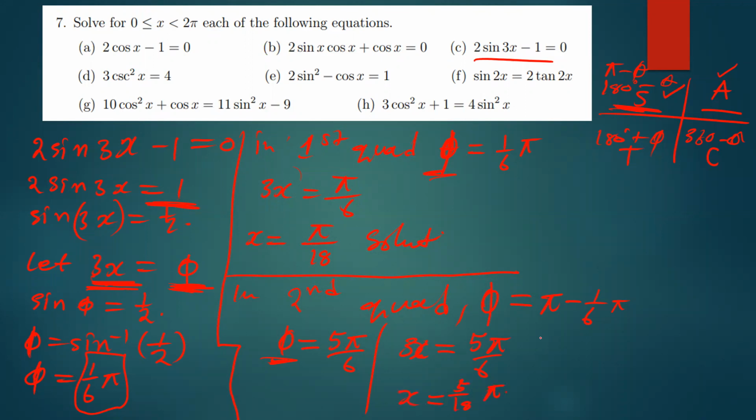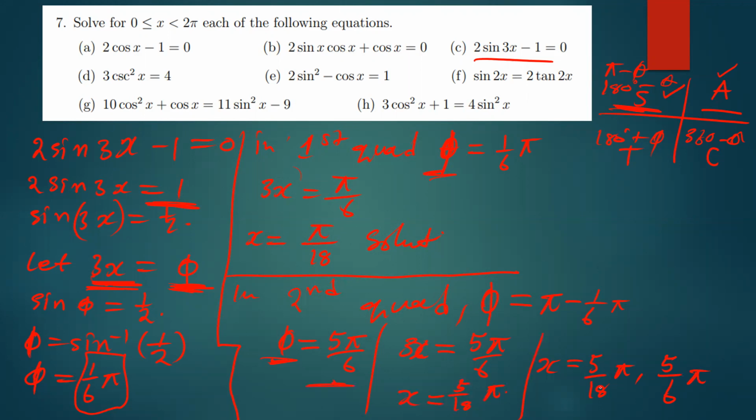To write the final answers, you say, therefore, x is equal to, and you start with the smallest one. The smallest value of x should be 5 over 18 pi, comma. Then we also have another one, which is 5 over 6 pi.